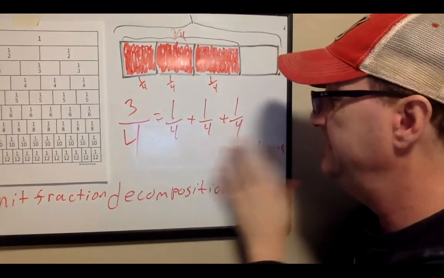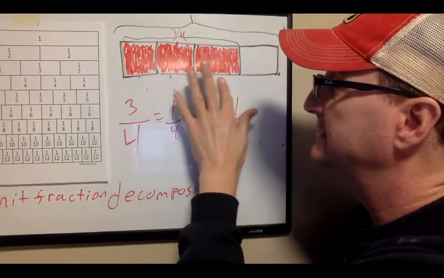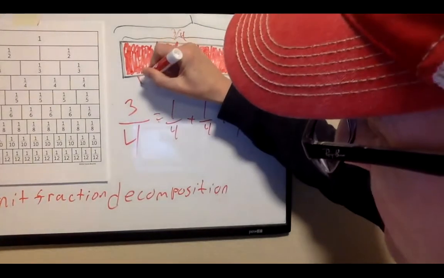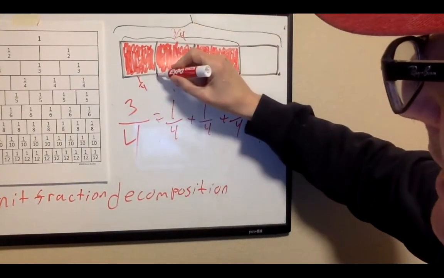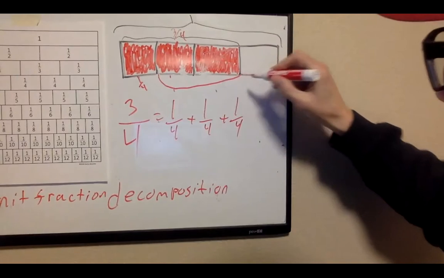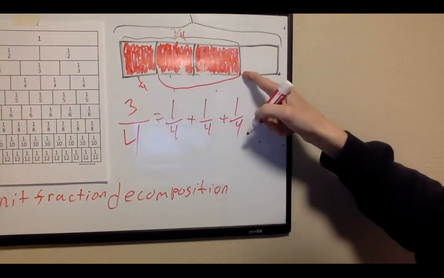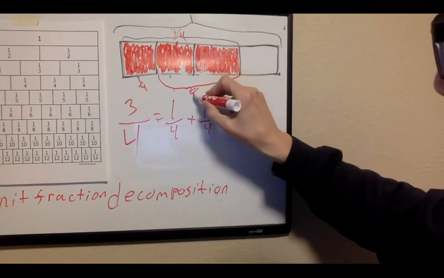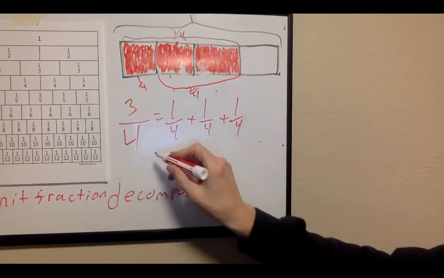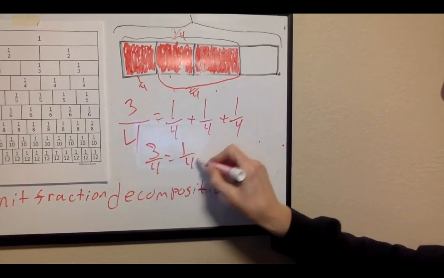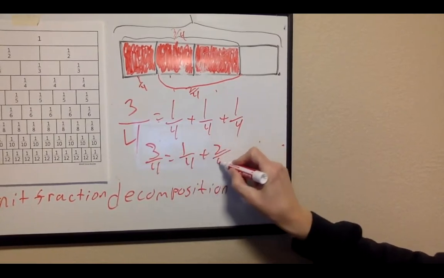But there's other ways you can decompose it. Like how about this? Well, let's say we've got 1/4 here. And then how about from there to there? What would that be? Well, here's 1/4, 3/4. Wouldn't this be 2/4, right? So this is 2/4 right here. So we could say another way to decompose it, 3/4 equals 1/4 plus 2/4.